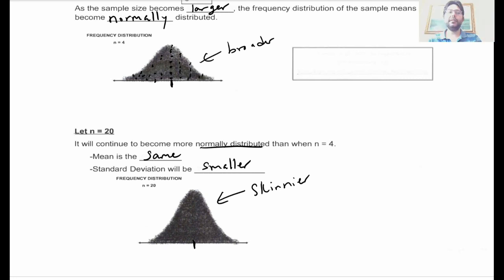The original distribution doesn't have to be normal, but when you take samples, average them and graph them, the greater the sample size, whether 4 cards versus 20 cards versus 30 cards, the more normally distributed and skinnier the plot will be.